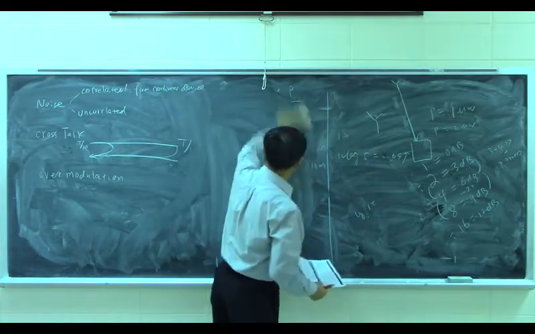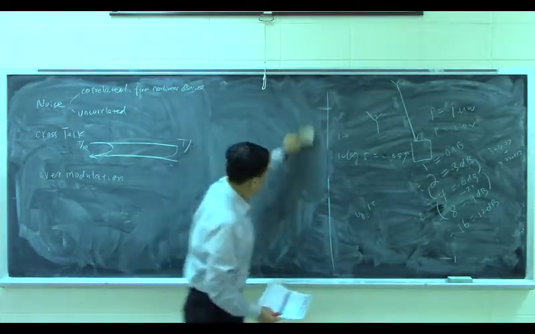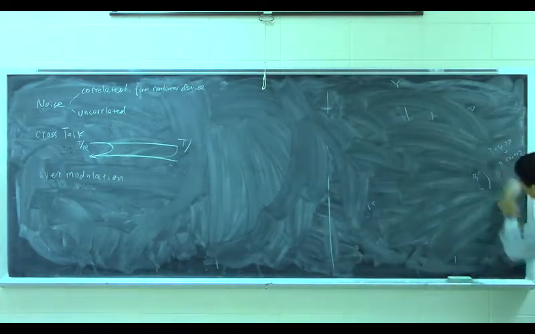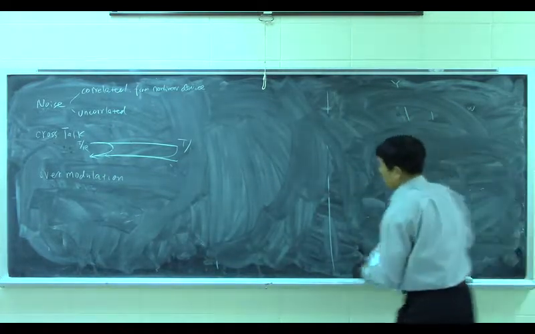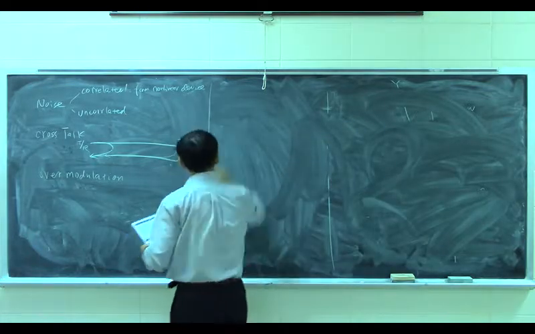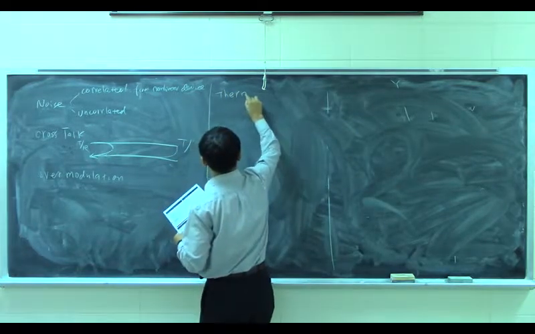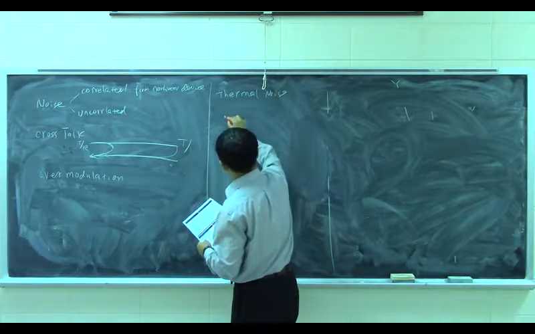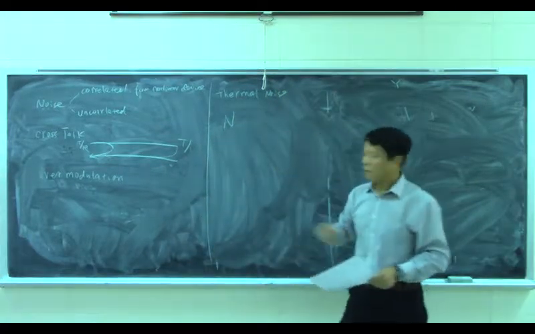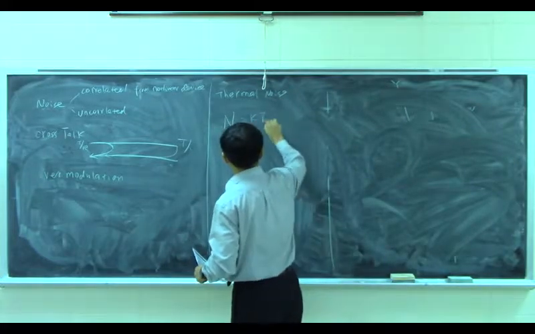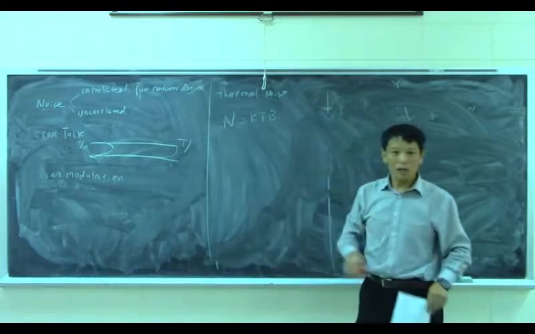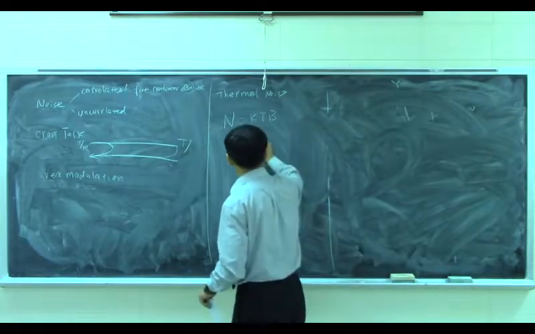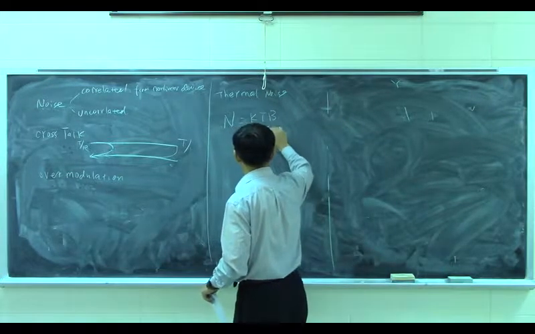We discussed a lot of noise, but what we can calculate in this class is the thermal noise. The power of thermal noise is N equals kTB. k is called the Boltzmann's constant, which equals 1.38 times 10 to the negative 23.